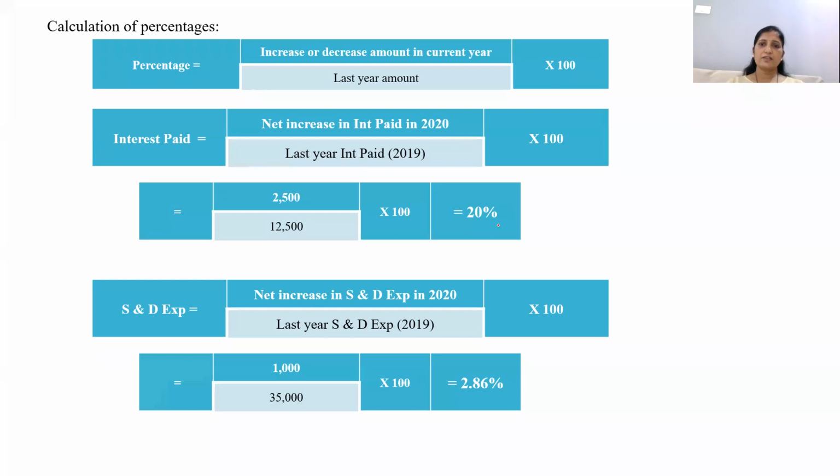You will get 20%. Similarly, for selling and distribution expenses, I have taken 1,000 divided by 35,000 into 100, which is 2.86.